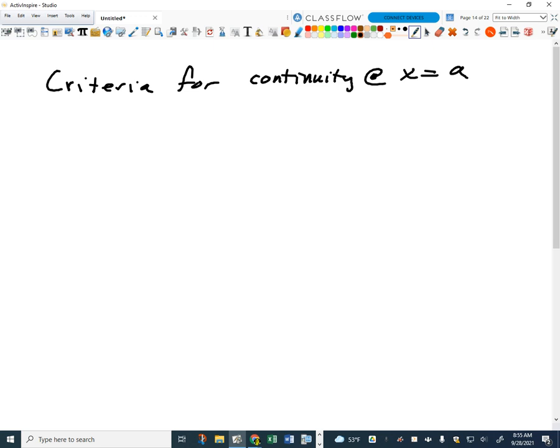So if a function is going to be continuous at x equals a, what would have to be true? Well, Amber already said the limit of the function as x approaches a exists. What else?